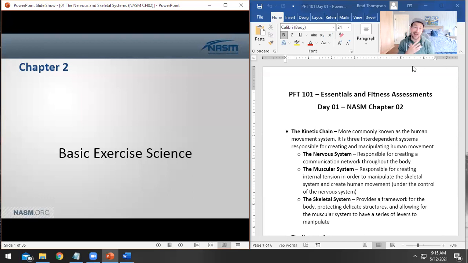Now, I cannot cure any of that as a trainer, right? We can't cure anything as trainers, but through general exercise, we can have a very, very positive effect on them. So if I'm performing a fitness assessment and I notice that balance is a struggle, I'm going to put a big emphasis on balance training throughout the program that I write.